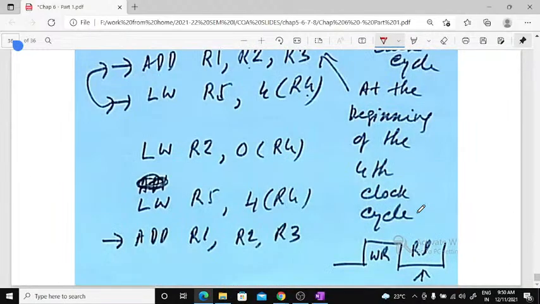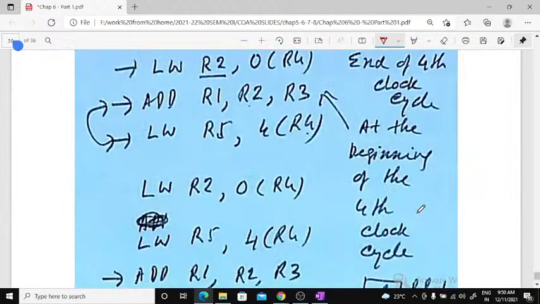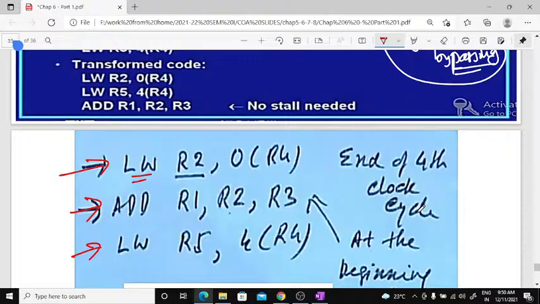This load instruction loads into the R2 register, some value it is loading into R2 register. I will write it clearly. This content I have taken from the slide.